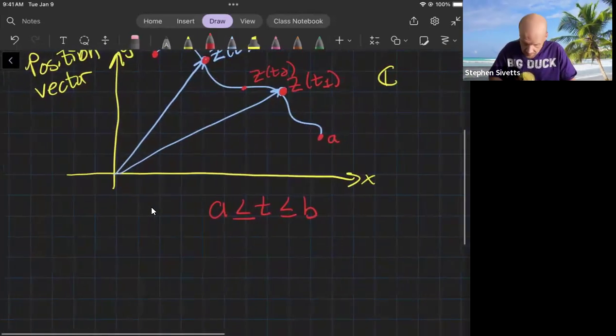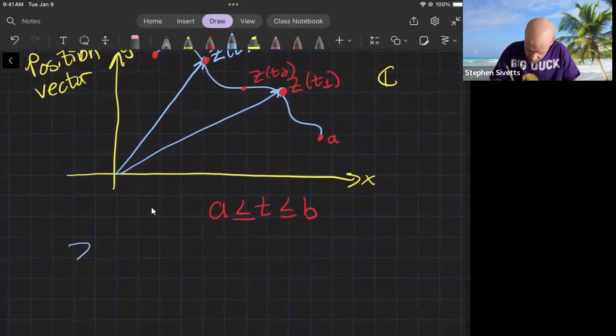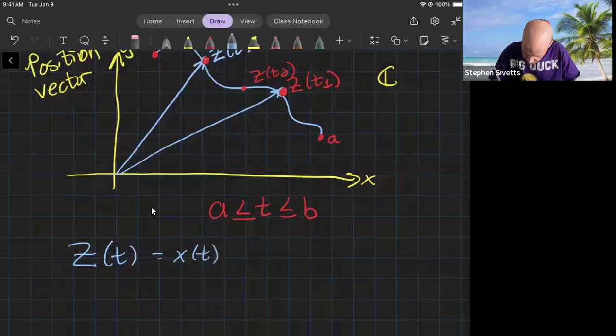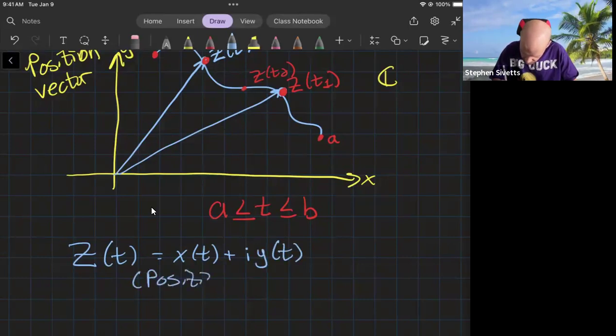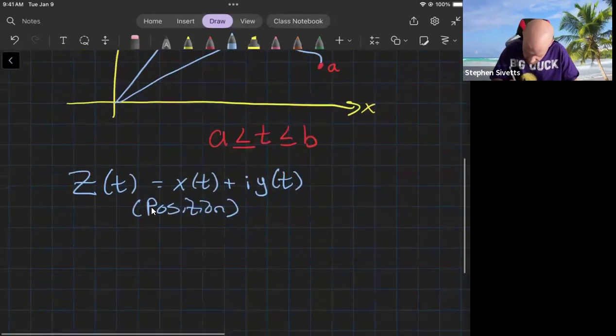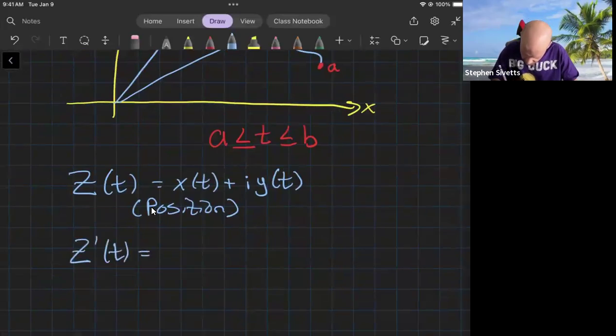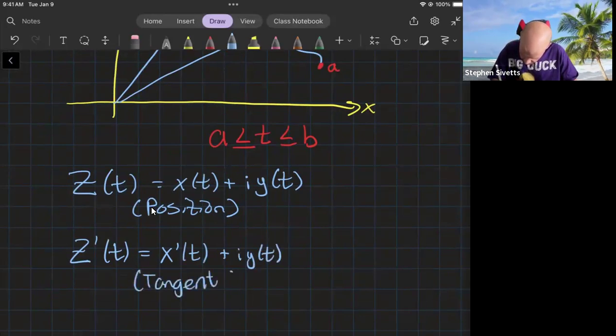And so Z of t, which is defined as x of t plus I y of t, is what's called the position vector. There's also the derivative of this, right? This is what's called the tangent vector.